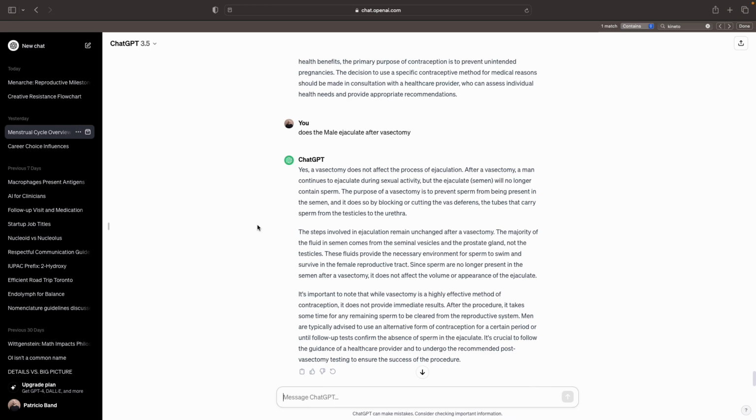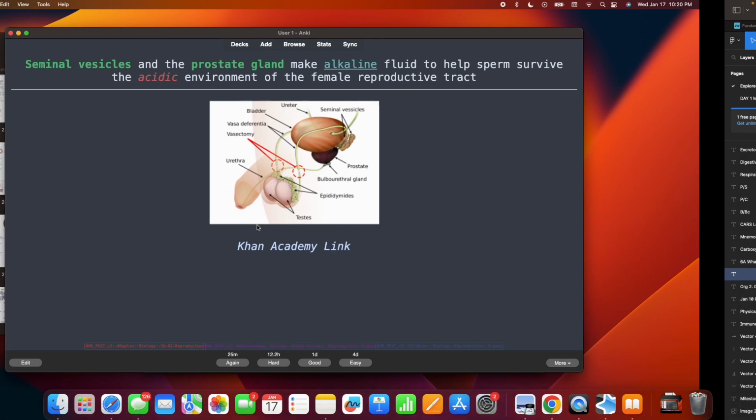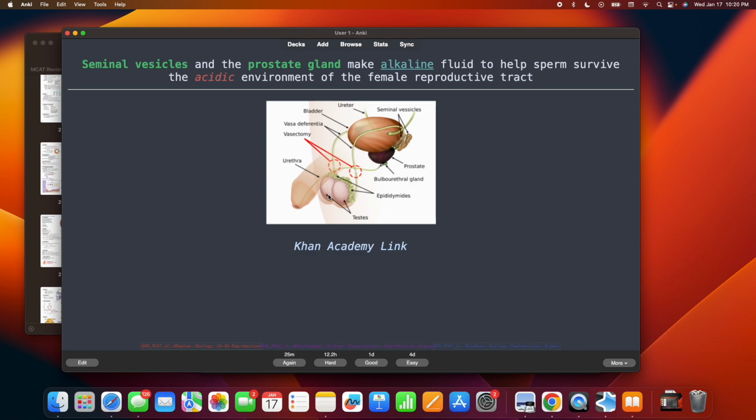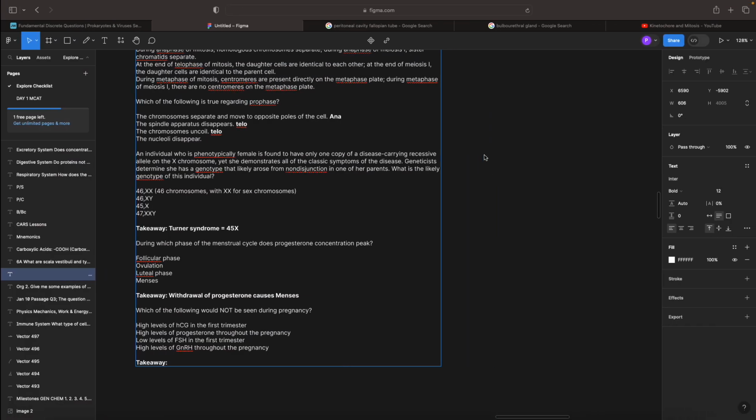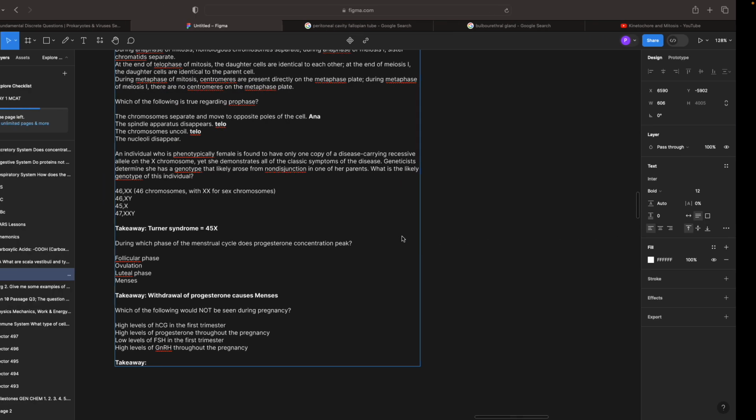The purpose of vasectomy is to prevent sperm from being present in the semen. So the sperm travels through the vas deferens, right? To come from the epididymis here to the ejaculatory duct. Okay. Nice.